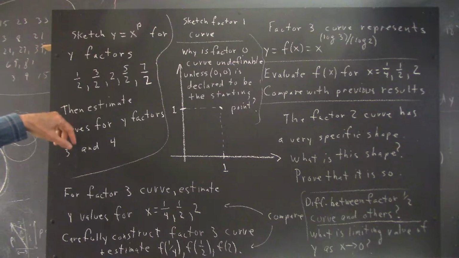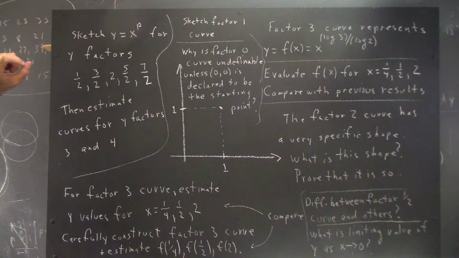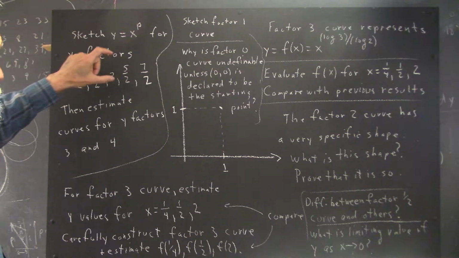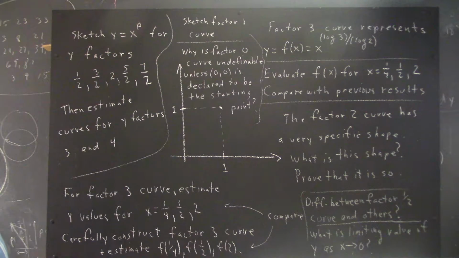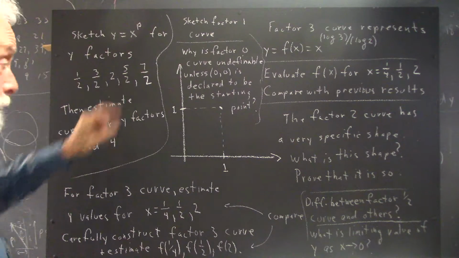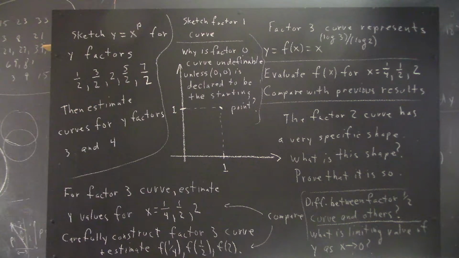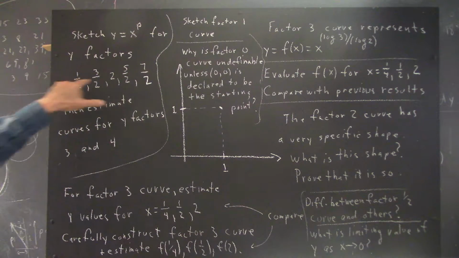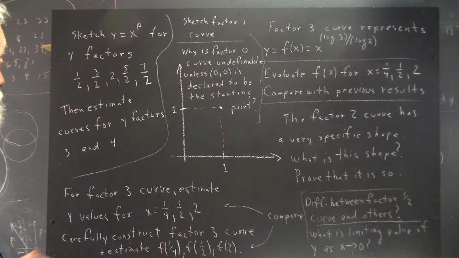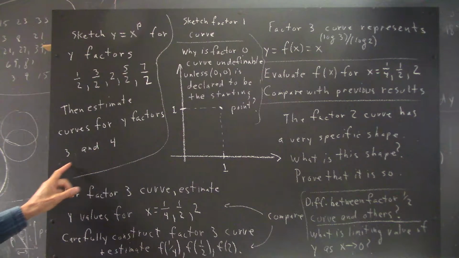Now, if your y factors, I want you to construct these curves for y factors 1/2, 3/2, 2, 5/2, and 7/2. You've already constructed the 3/2 and the 5/2 curve, but you want to add the 1/2, the 2, and the 7/2 curve. Then we want to estimate the curves based on the picture you get from these 5 curves for y factors 3 and 4.